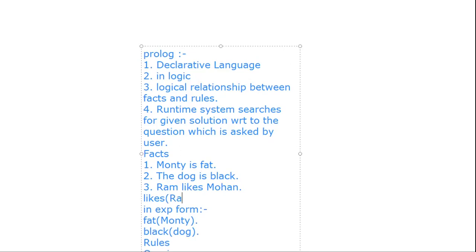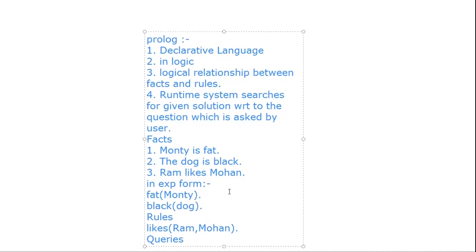So you will write Ram, comma, and Mohan. So this is the way these rules are to be written. So you simply make sure of X. And once we talk about expression forms, certain rules, you will put them over there. So this is the way generally we make sure how these things work together. So this is what we have for this Prolog briefing.